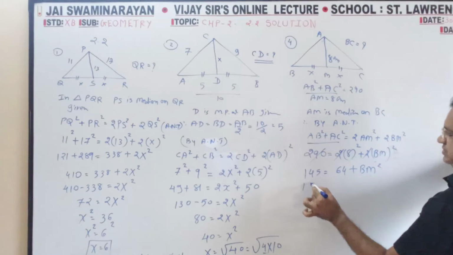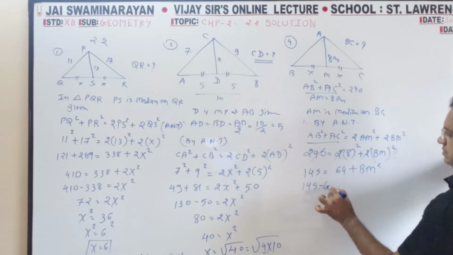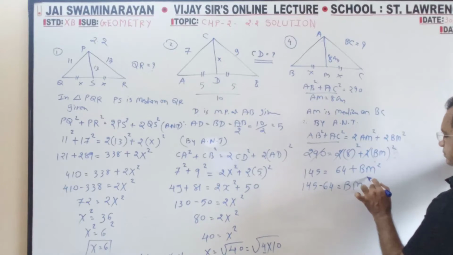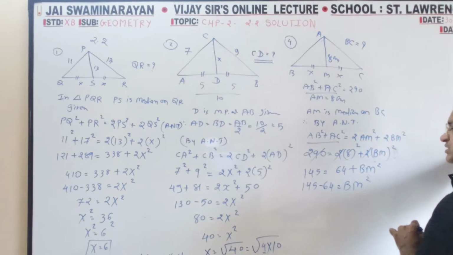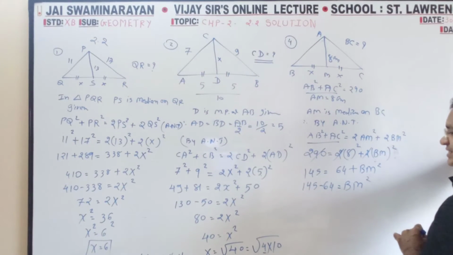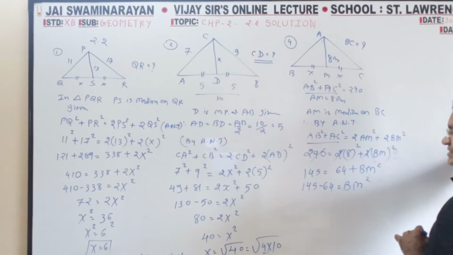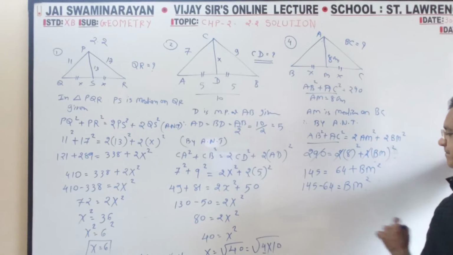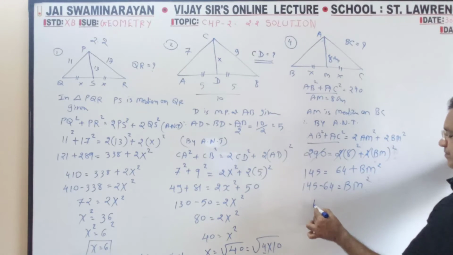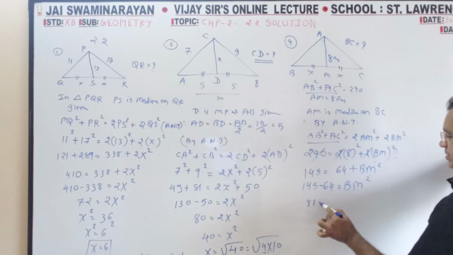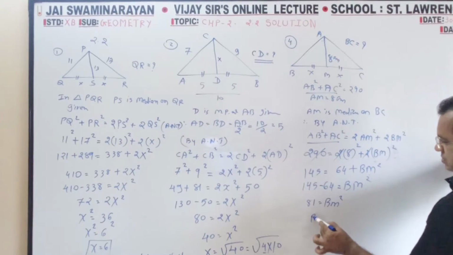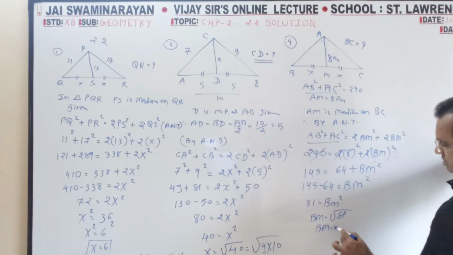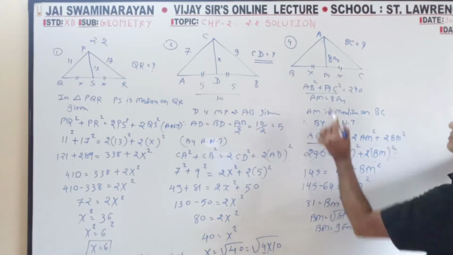Now 64 less. So BM is equal to root 81, so BM is equal to 9 centimeter.